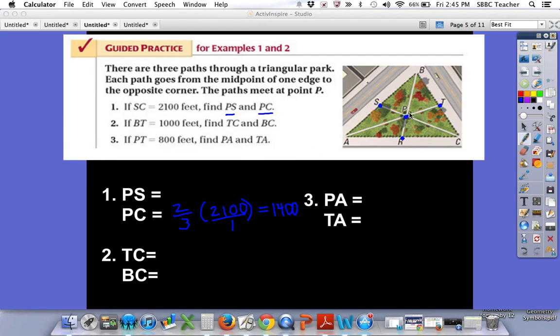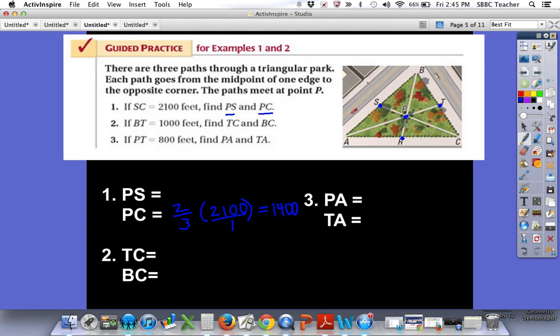Okay, so this piece right here, PC, is 1,400. Just want to make it clear for you to see. So now they're asking us for PS, this little piece that's left.